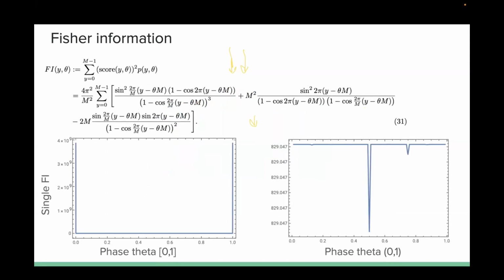After computing this, we saw that the Fisher information in terms of the parameter theta, which is the information we want to get, is like a constant, as you can see in this plot. So the variation with respect to the parameter theta is very small, and we take this into account for the Cramer-Rao lower bound. Next, please.